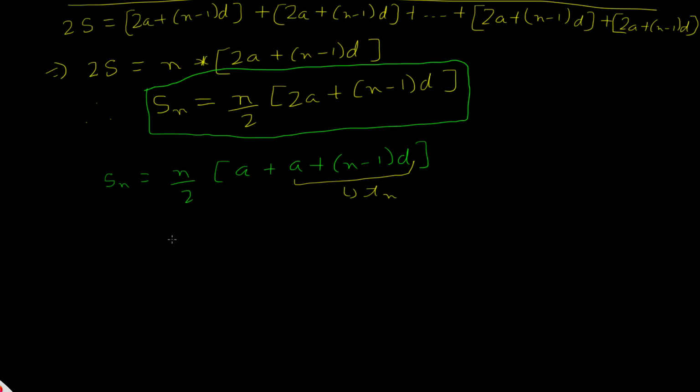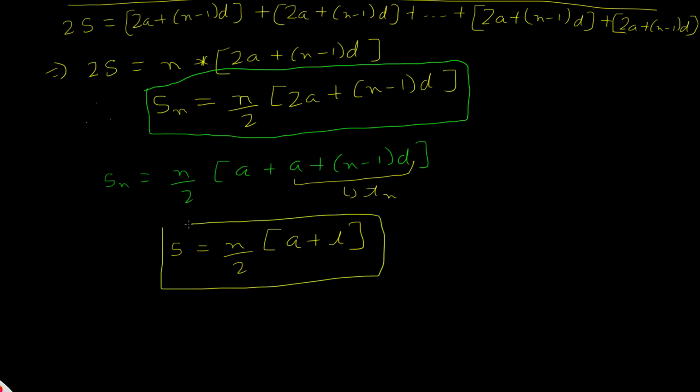Then we have our sum for that given AP as S is equal to n by 2 times a plus last term. So if you just know the first term and last term of an AP and the number of terms, that is, if you do not know the common difference, you can still find the sum.